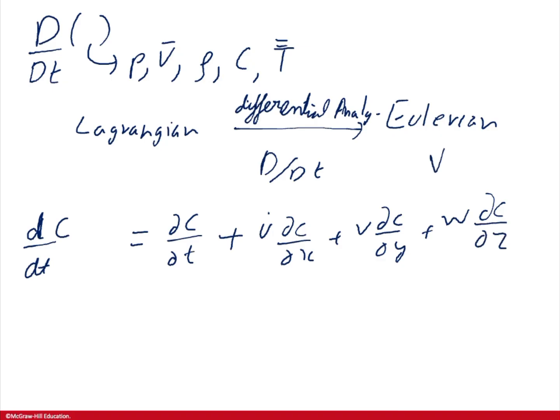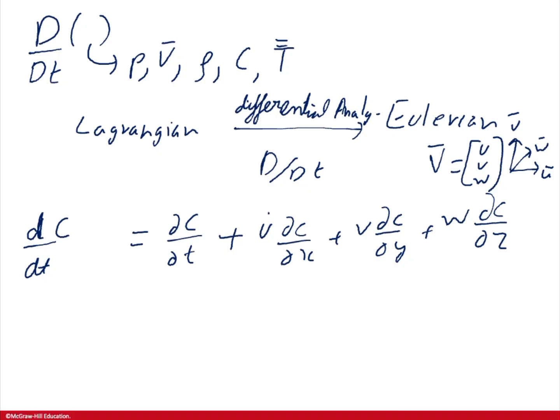If you have a velocity vector capital V, small u, small v and small w are just the x, y and z velocity components in those three directions. So you have u, v, and the z component is w. Hopefully that is clear.